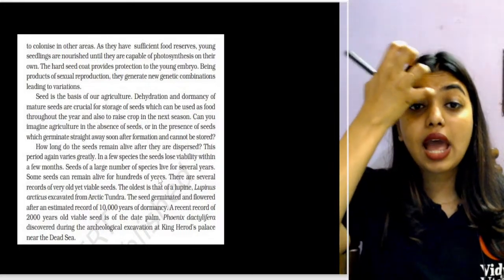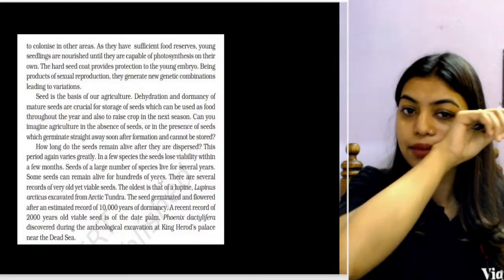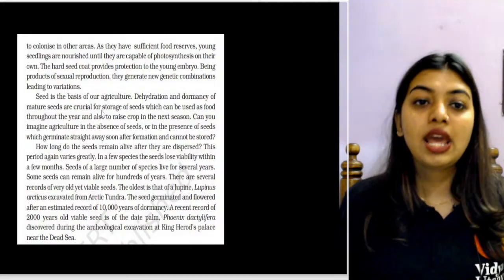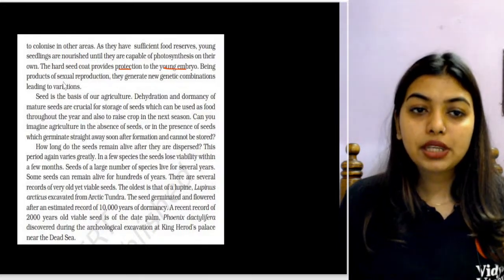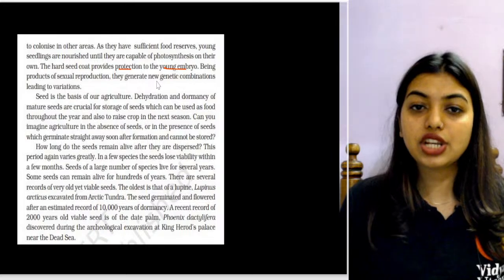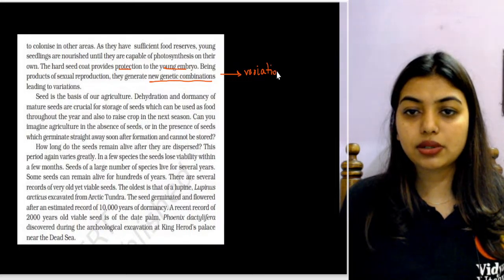As they have sufficient food reserves, young seedlings are nourished until they are capable of photosynthesis on their own. The hard seed coat provides protection for the young embryo. Being products of sexual reproduction, they generate new genetic combinations. Simple as that, variation is possible.